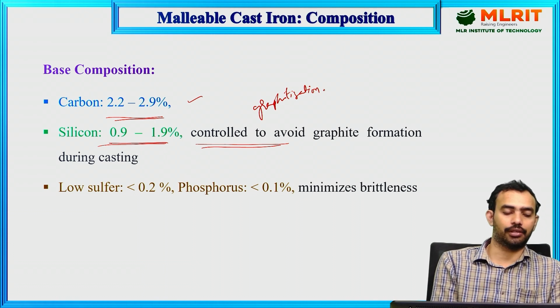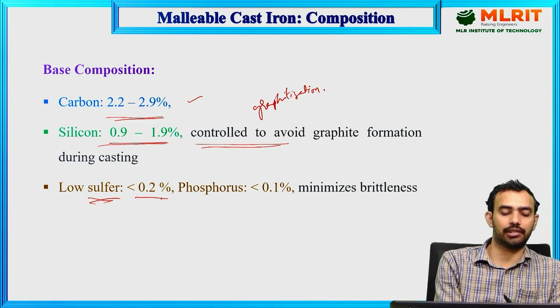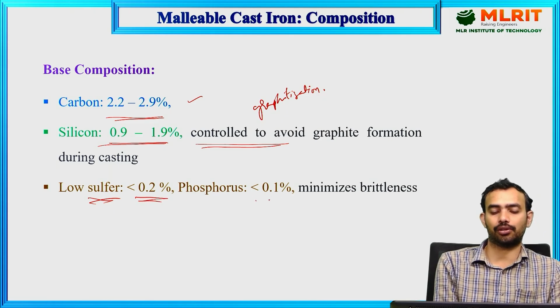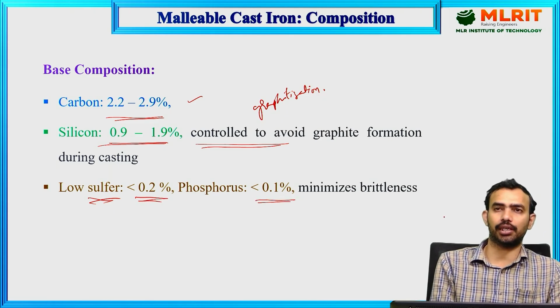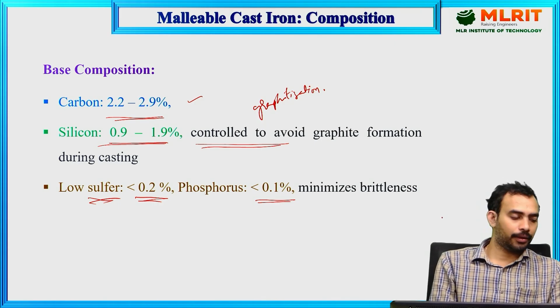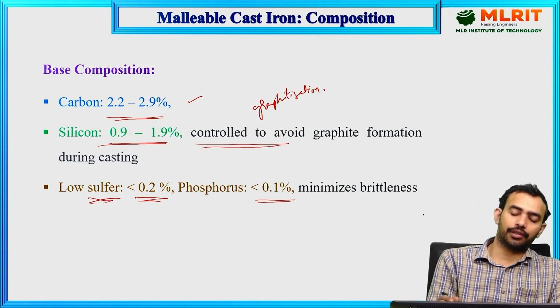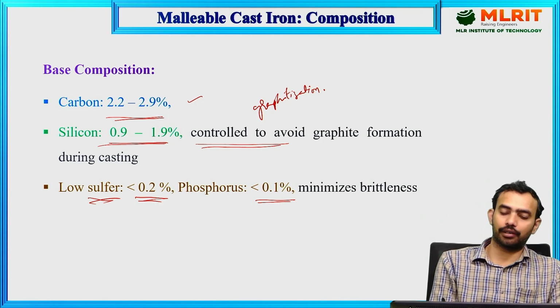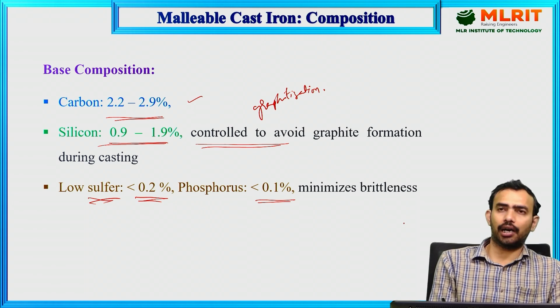Decomposition of Fe3C. We will also have a small portion of sulfur here, which is less than 0.2 percentage, and phosphorus also less than 0.1 percentage, which basically minimizes the brittleness. So anyway, Fe3C is decomposing, so we'll have a very minimum amount of cementite present in the material, and that cementite is basically the root cause for the hardness and the brittleness of the material.